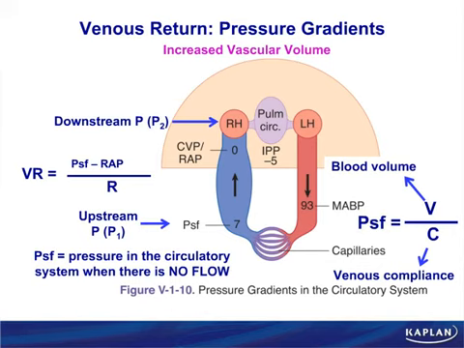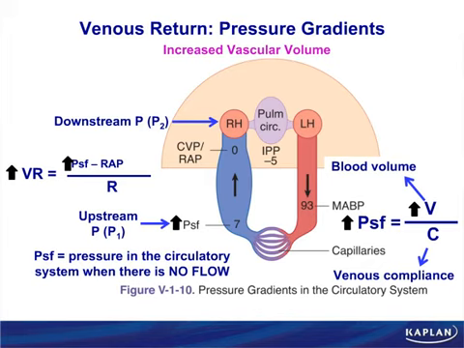But alpha block could cause some venodilation, or in other words, increase in venous compliance. All right, let's work our way through, once again, just using this picture, the idea of venous return and changing PSF. All right, let's start with increased vascular volume. If volume goes up, then PSF goes up. So PSF going up means increase in venous return. Just follow the up arrows. Volume goes up, PSF goes up. Well, it's the pressure head.